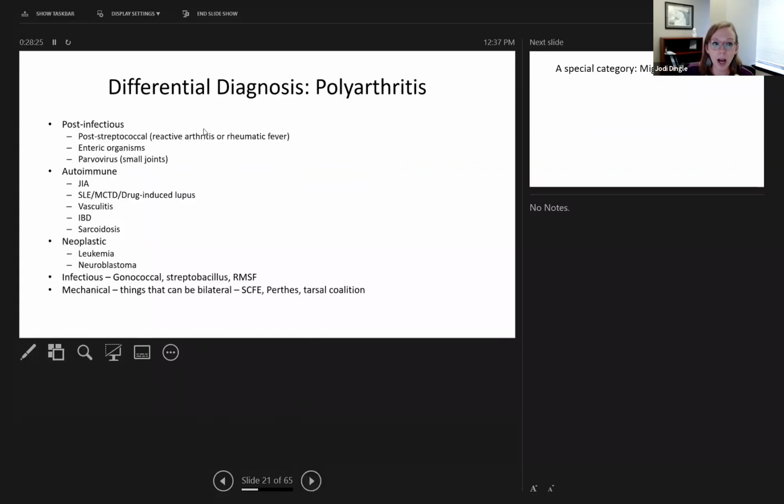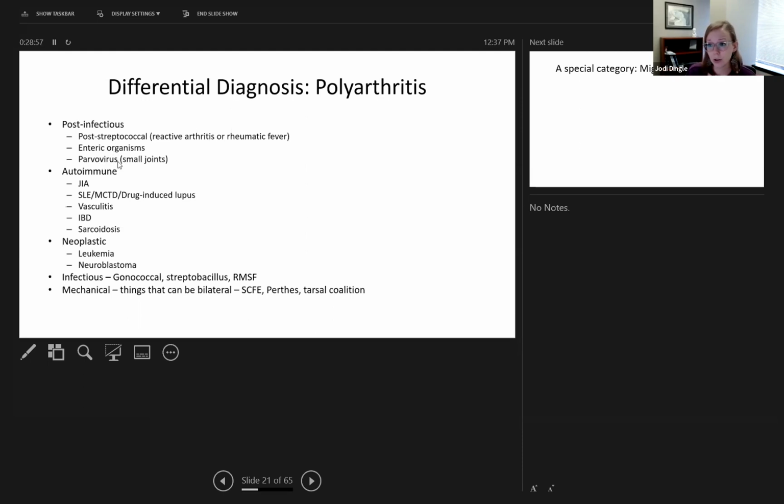When I think about post-infectious, there are the post-strep causes of arthritis, which can be either just post-strep reactive arthritis or acute rheumatic fever. Your enteric organisms, you'll remember, can give you a post-infectious arthritis. And then parvovirus is another big one that I see a lot. So teasing out that history of the slapped cheek or the lacy reticular rash, and especially if they have involvement in small joints.